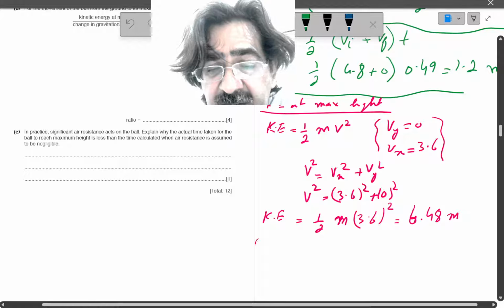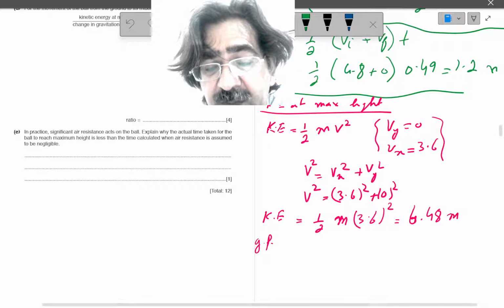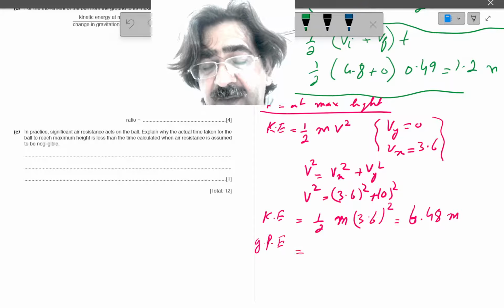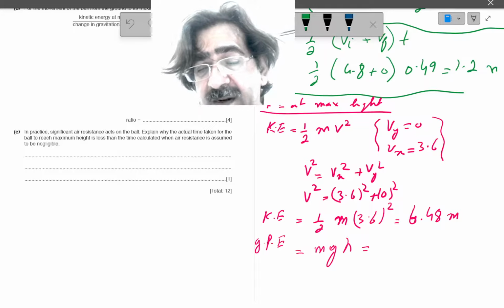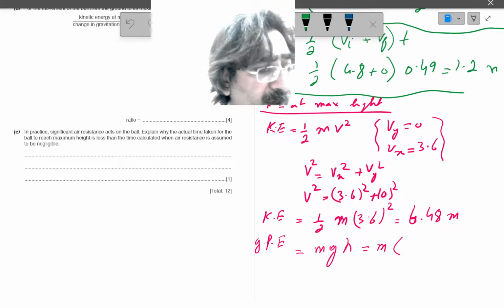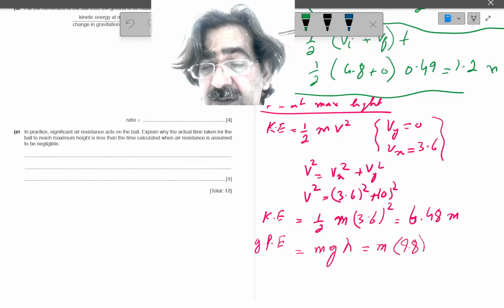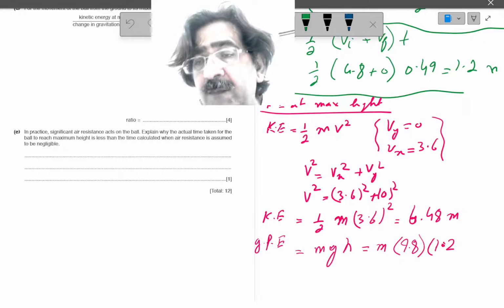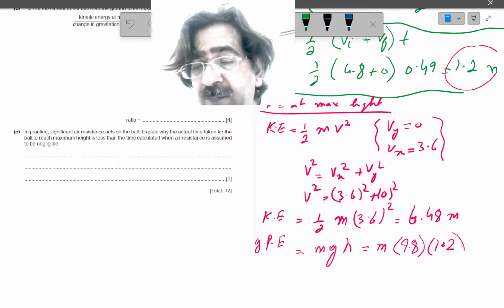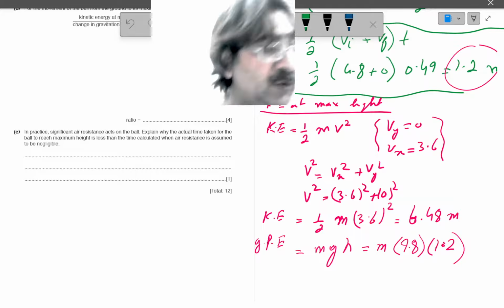gravitational potential energy. That will be equal to mgh, and the value of m is again unknown. g is 9.8 and the maximum height I have already calculated, that is 1.2.